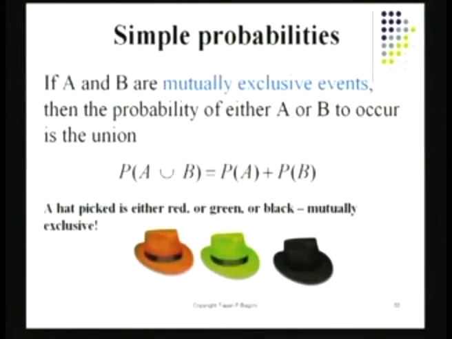What is the chance that you'll be picking up a green or a red or a black? They are mutually exclusive. It will all depend on the fraction of red, black, or green hats in that basket where all these hats are put. And in fact, whenever you've got mutually exclusive events, the union will turn out to be the sum of the probabilities of these two.